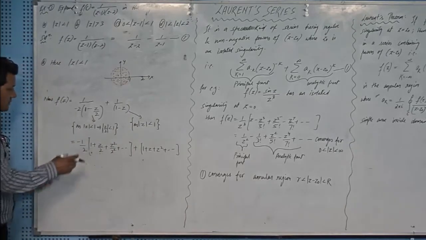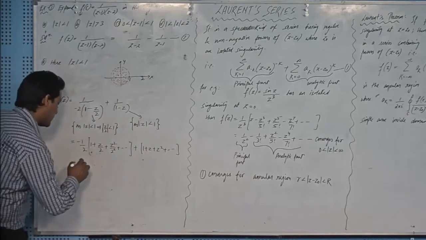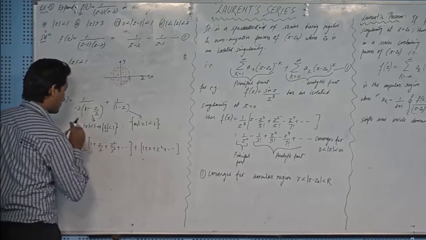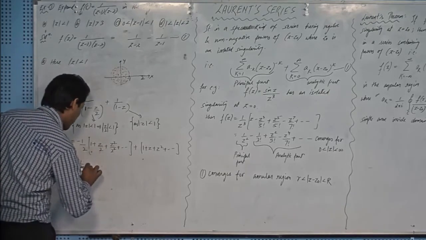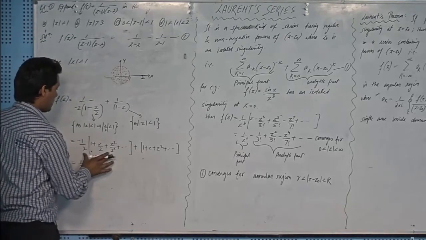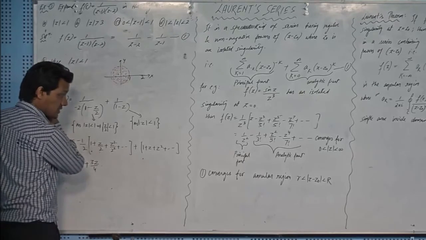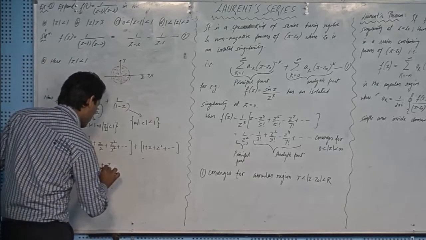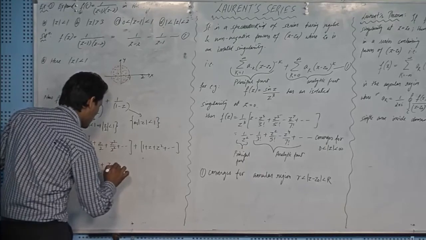Okay, so I will take 1 minus 1 by 2, that will be 1 by 2, okay, and the z minus z by 4, that will be 3z by 4, I think, right? And this is minus of 1 by 8 and plus 1 minus 1 by 8, that will be 7 by 8, 7 by 8 z square and so on.